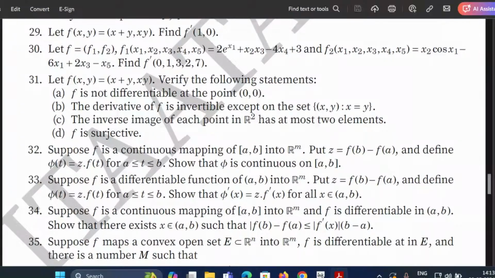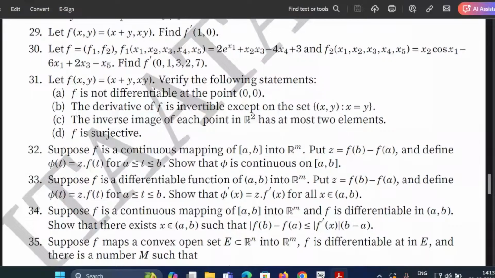Because at any point we can calculate the matrix. We can consider the component functions f1 equals x plus y and f2 equals xy. Both are polynomials in x and y, so the partial derivatives will exist at the point (0, 0). So F is differentiable at the point (0, 0), obviously.